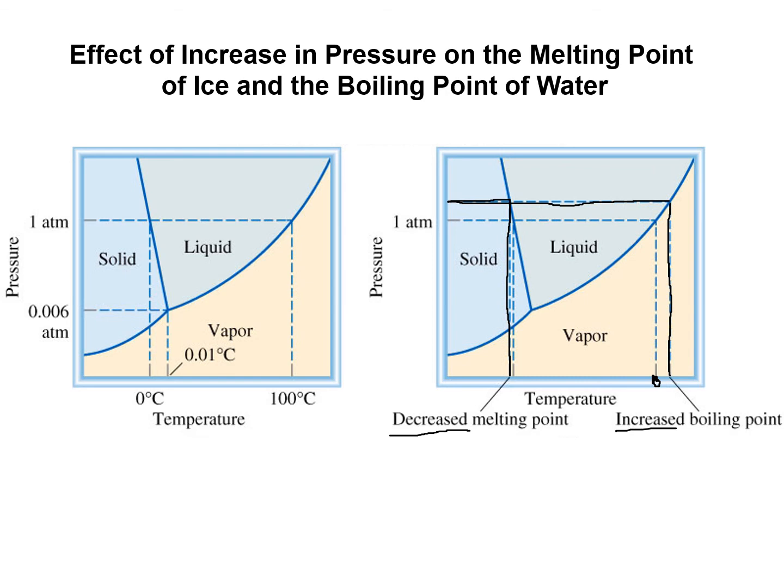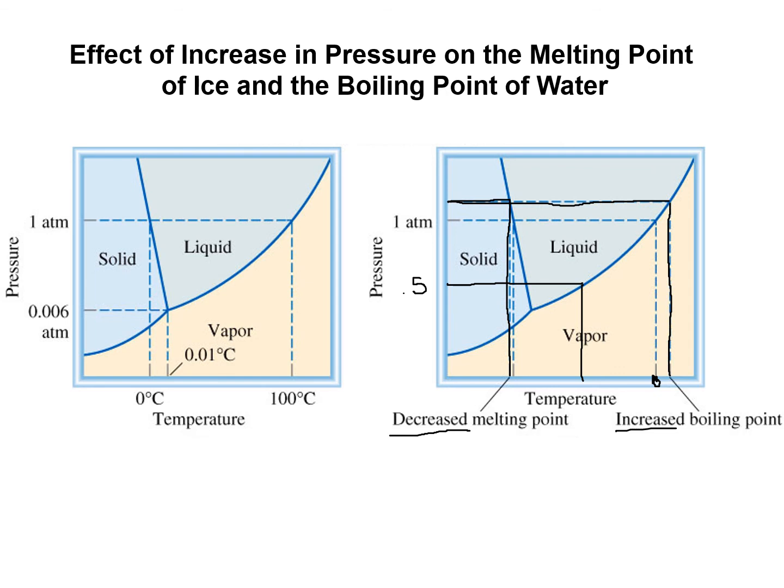What happens if we lower the pressure? Let's say this is 0.5 atmospheres, for example. Yeah, we can do that. What is our new boiling point? Significantly less than the 100 degrees Celsius of the normal boiling point. And so we have decreased.